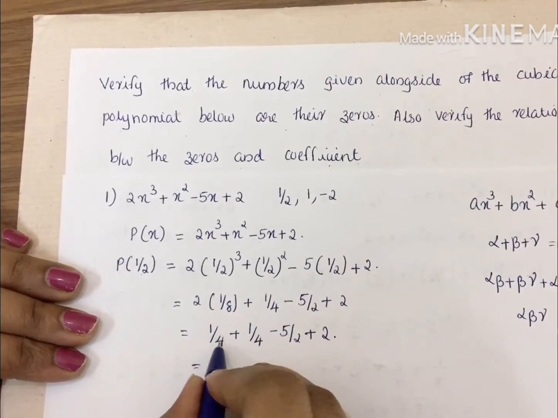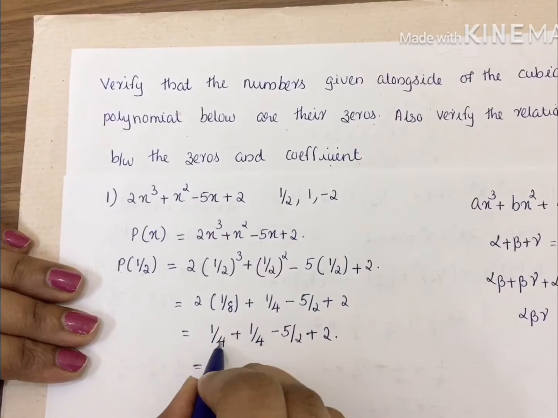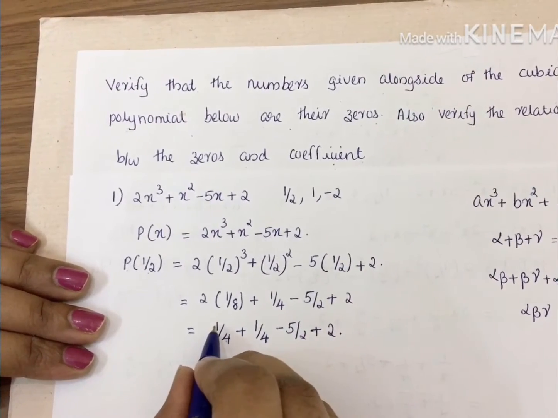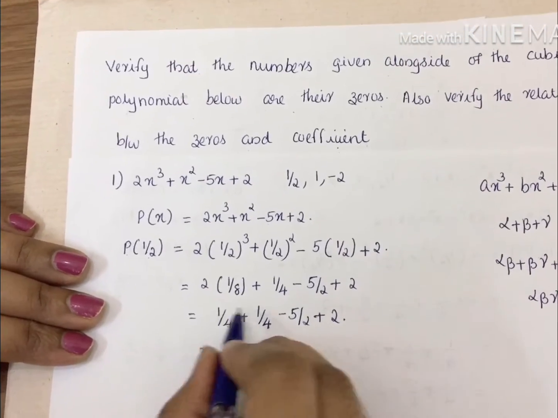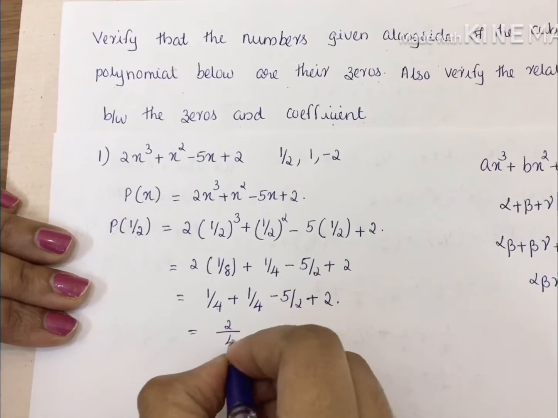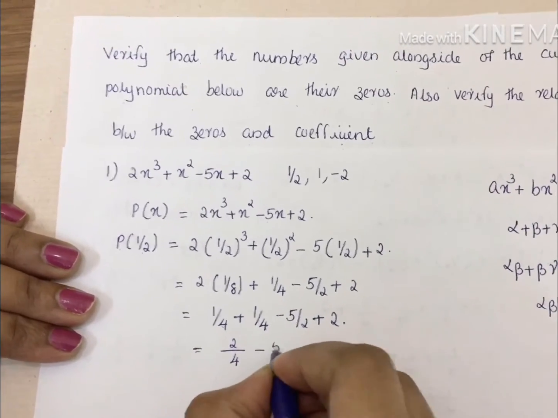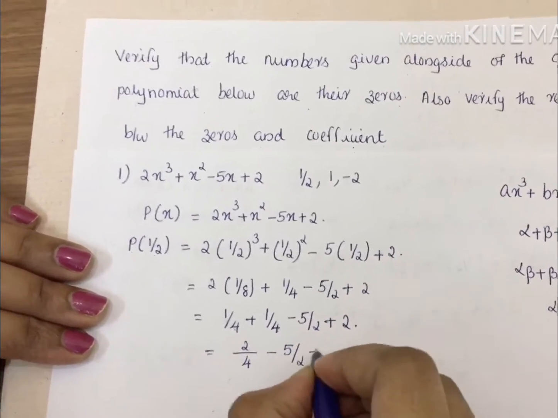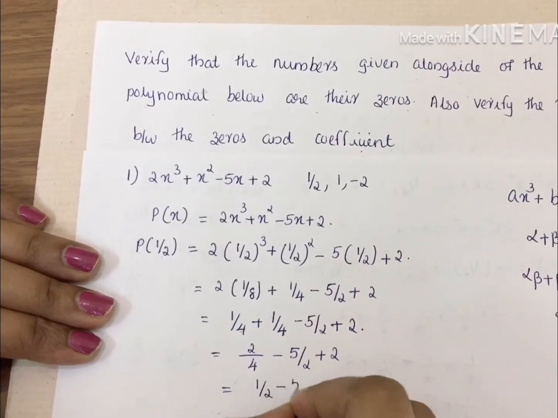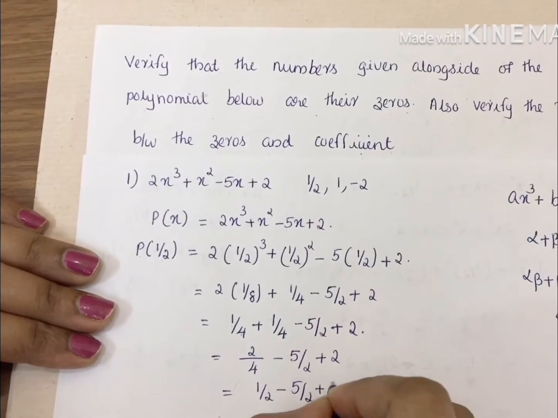The denominator is 4, so we can directly add the numerators: 1 plus 1 is 2 over 4, that is 1 by 2, minus 5 by 2 plus 2.